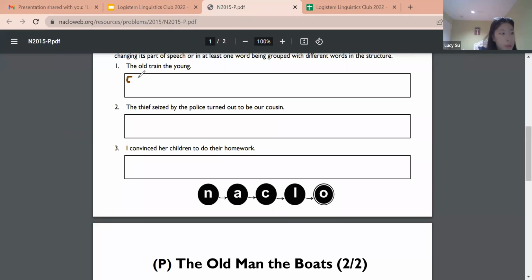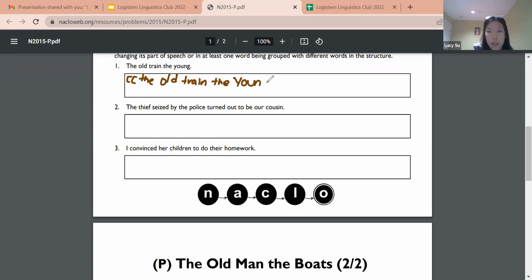Okay. So an example for the first one would be switching the ambiguity of the word train. So the old train the young.